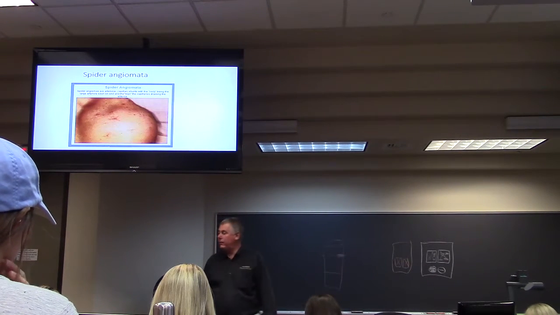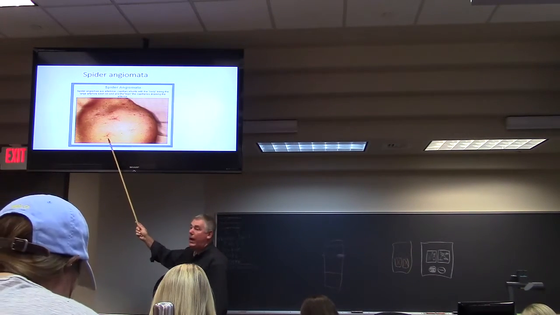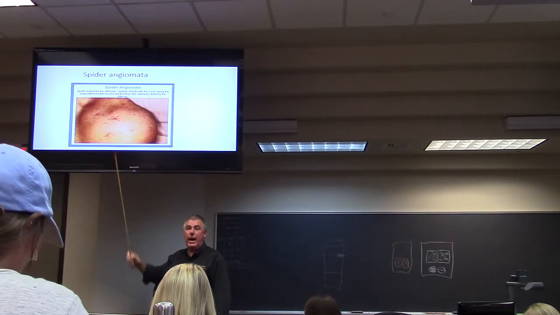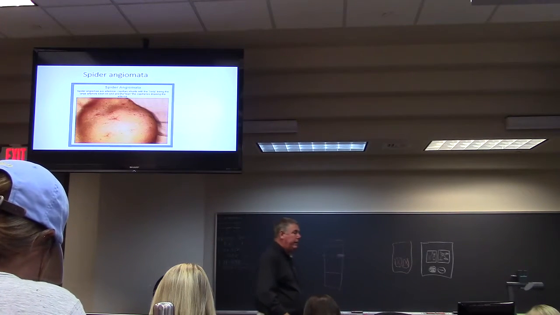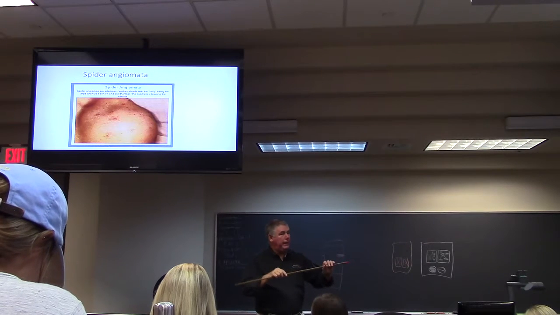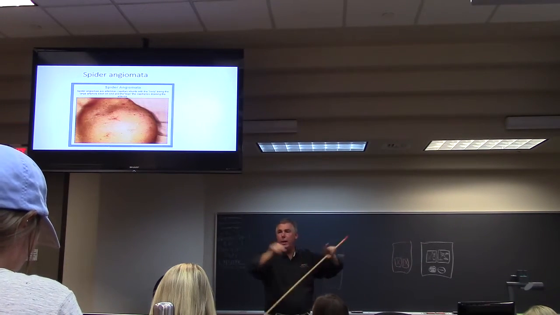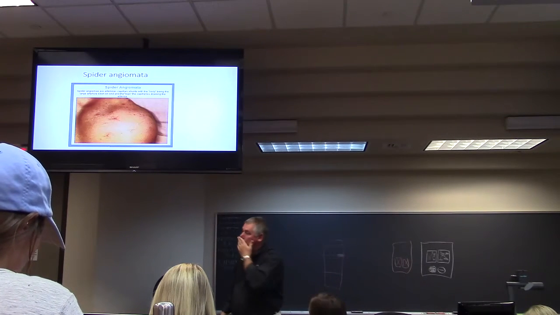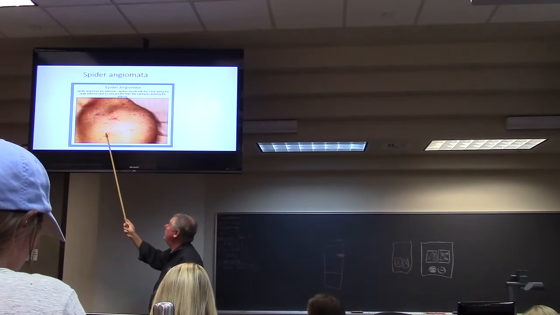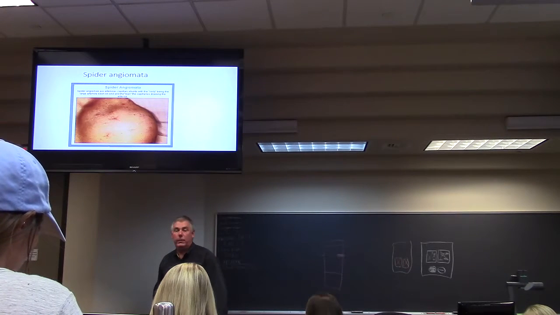You get a couple of other smaller things like spider angiomata here. This is an arteriole that's coming towards you, and then breaks out into its capillary bed, and you start to see these on the skin all over the place.